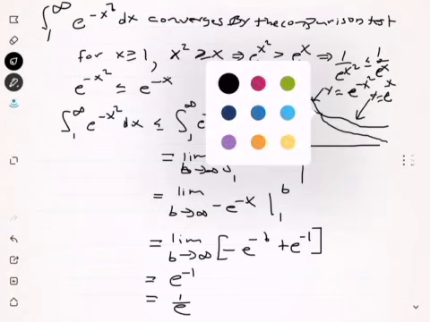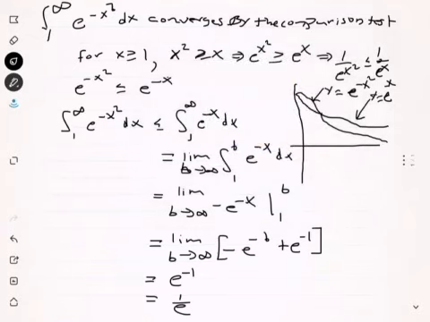Before 1, e to the minus x squared is bigger than e to the minus x, but after that the function e to the minus x is bigger than e to the minus x squared. So this is the point 1, e to the minus 1, and this is sort of like finding the area of the bigger function is bigger than finding the area of the smaller function.